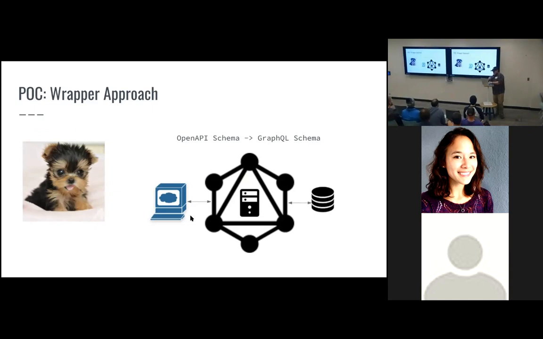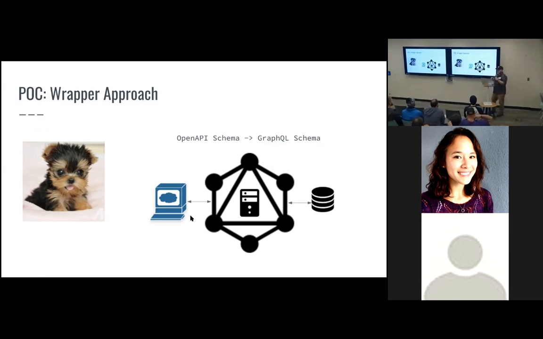The last one we're going to talk about briefly is the hybrid approach. This is when we generate a GraphQL schema using the OpenAPI schema to build a gateway service. I didn't update the slide. Really, it's just the browser going to a service that has this, as well as just the GraphQL.